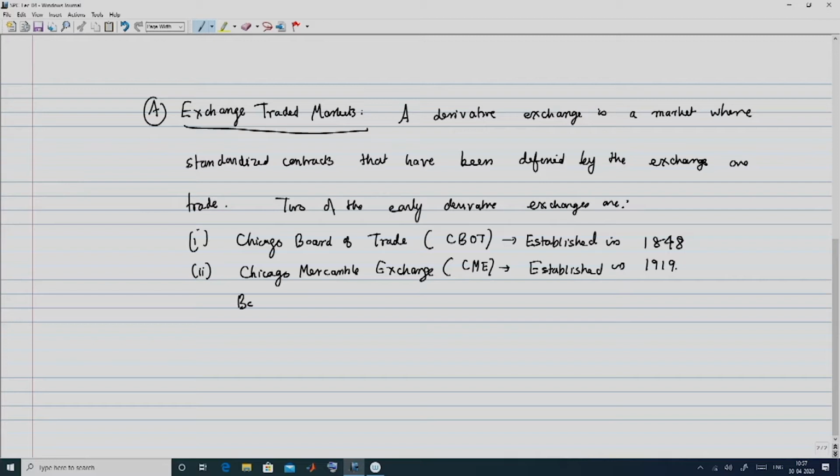And both CBOT and CME mostly dealt with futures contracts, and we will explain this in detail when I talk about the various types of financial instruments in the next section.